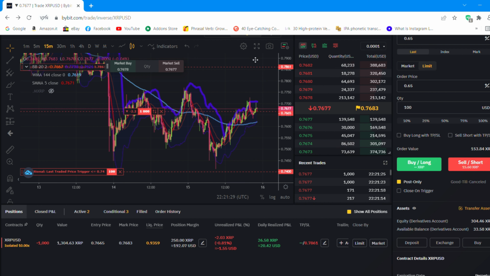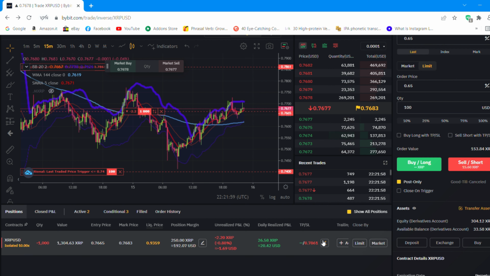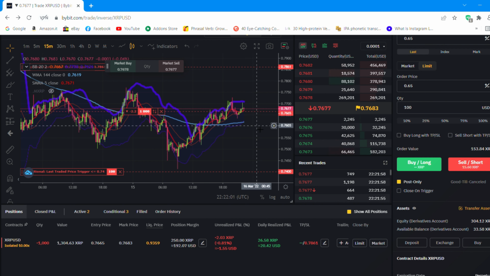So let's say I am in this short here, and it breaks the 144, and after it breaks the 144, I want to go to bed, or I want to go out, or whatever I want to do, but I don't want to lose the profits that I made from here to the 144. So what I will do is set a stop loss to 76.03.